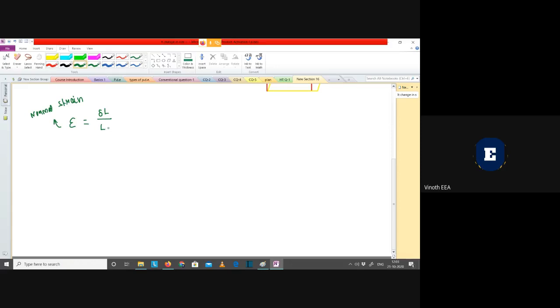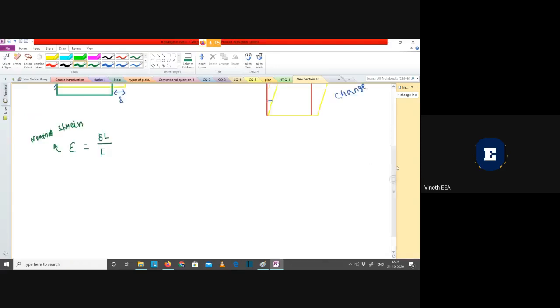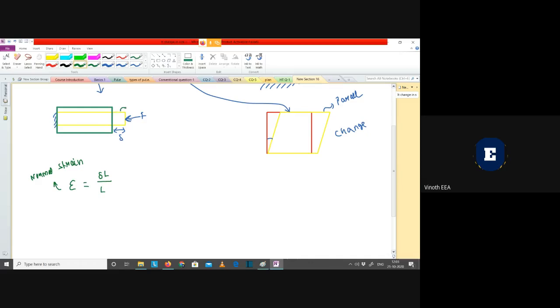Let me keep the original length as L initial and the final length as L final. So change in length means L final minus L initial, divided by the original length, L initial.